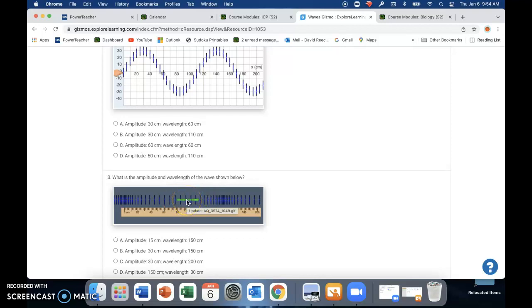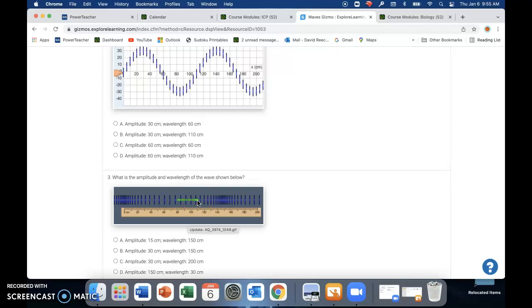Okay, so if we go from here, from the center there, we can see that we are at roughly right here in the center at about 95 maybe. And then if we go up to here, there's 110.